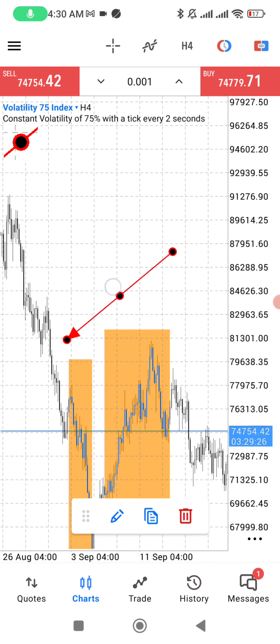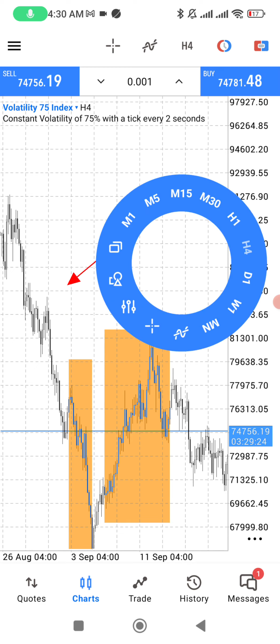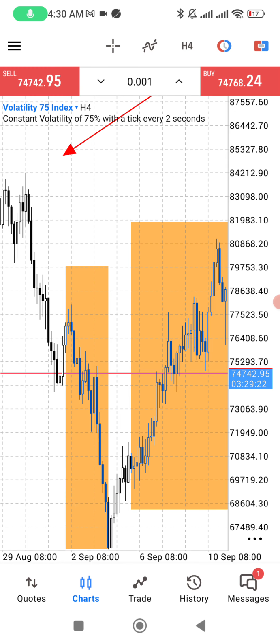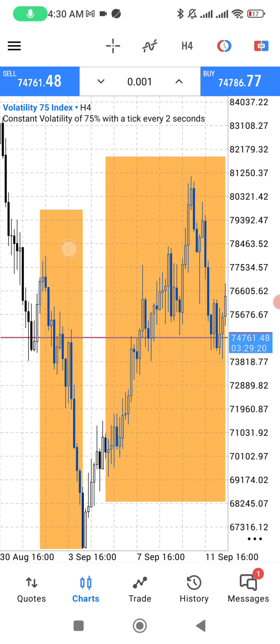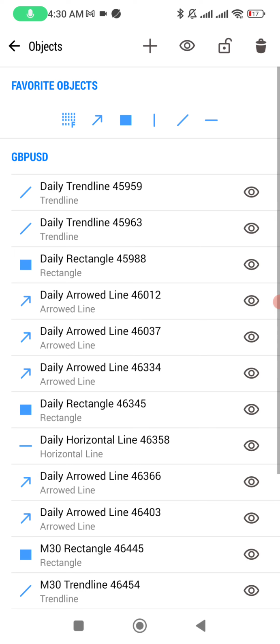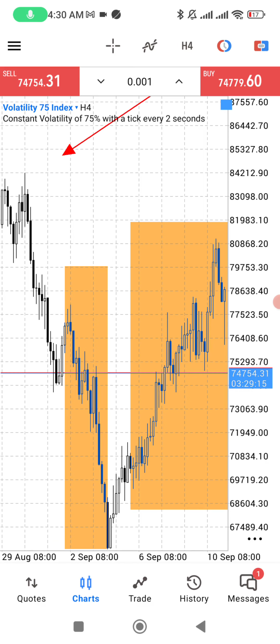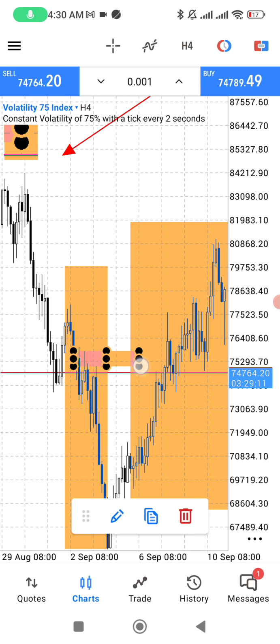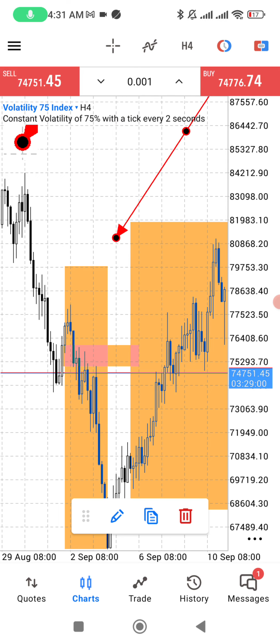So this loading means you are going to check the stability of that loading. You see, this is a resistance. Ever since the market broke this resistance, it fails to go against it to the upside, meaning that it is stabilized to go down. And what happened? The market went down.